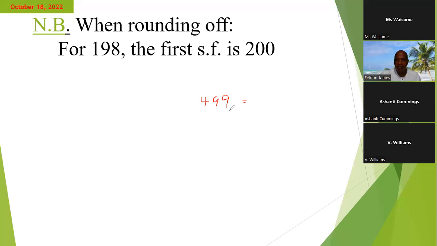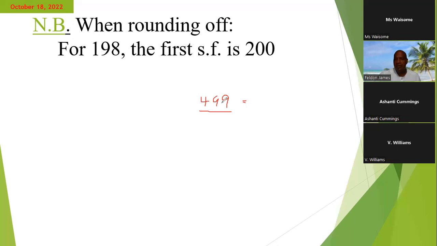Is it round off, sir, to the nearest significant figure? Yeah, but the fact that we are rounding off and this is a whole number, when you're rounding off whole numbers, you have to replace those values that you do not round off with zero. To zero, yes, sir. Yeah, whether or not you're doing significant figures. So once it's a whole number.